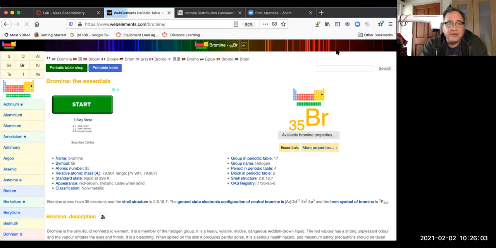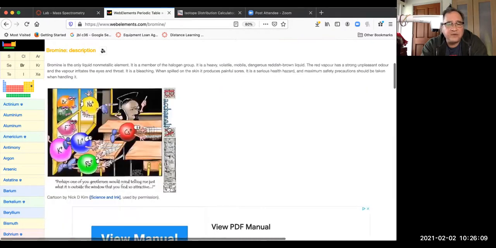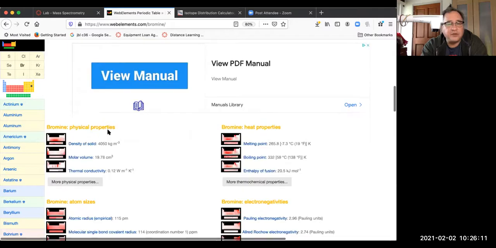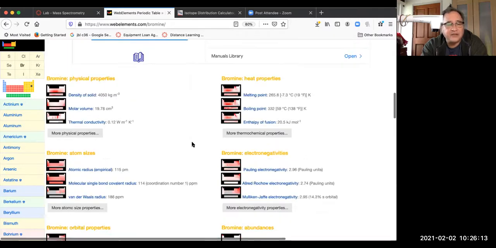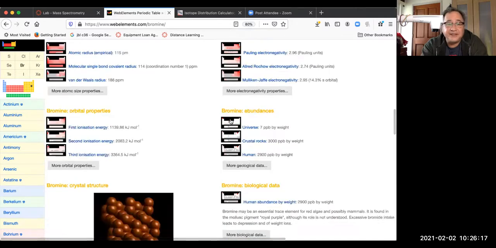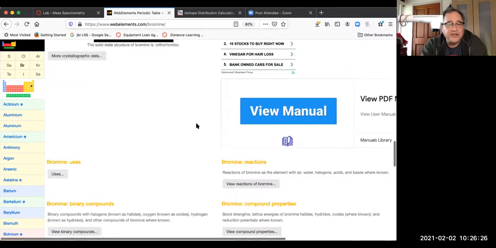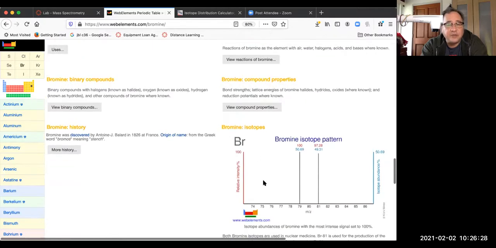And now what I'm going to do is scroll down and we are going to find physical properties, heat properties, electronegativities, atom sizes, abundances in substances, biological data, and then all of a sudden there's bromine isotopes and there's a bromine isotope pattern right here. Can you see that?